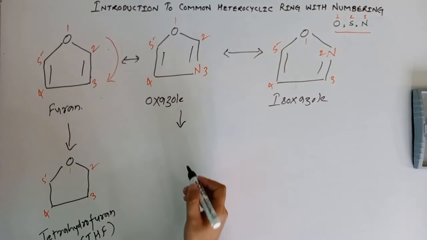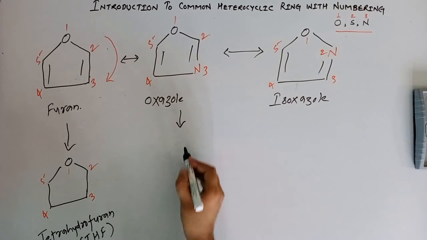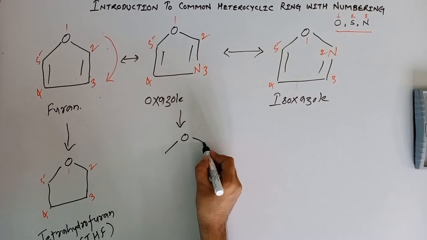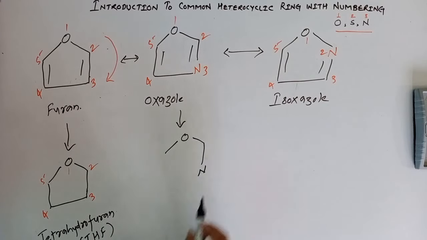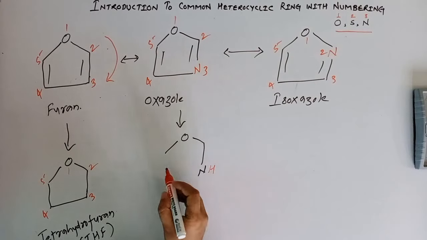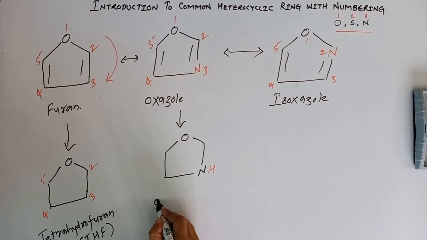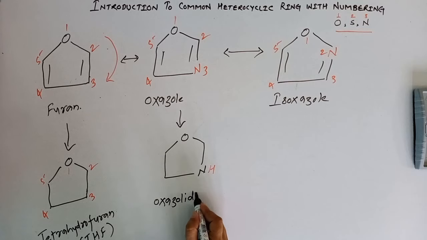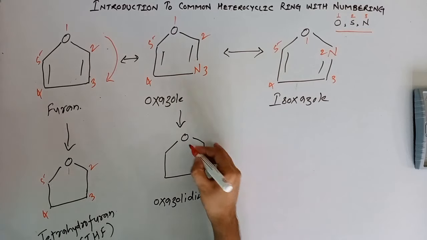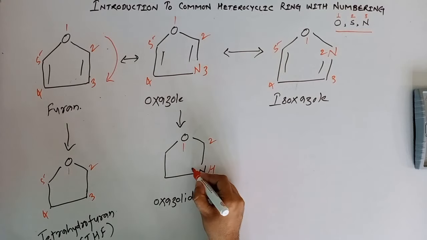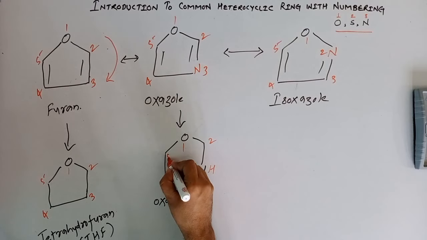Now the saturated derivative of oxazole has a structure like this. This is known by the name oxazolidine, and the numbering is 1, 2, 3, 4 and 5.